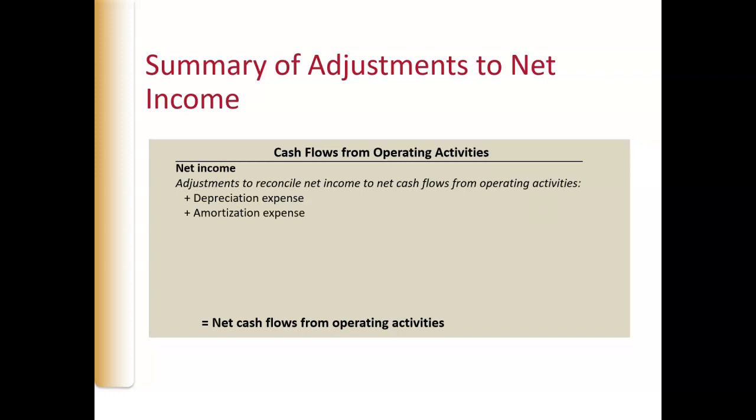We will adjust items that reconcile net income to net cash flows by taking any depreciation expense or amortization expense and adding them, by adding a loss on sale of assets, or subtracting a gain on the sale of assets, and then we subtract increases in current assets and we add decreases in a current asset.